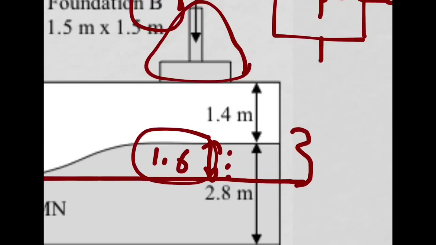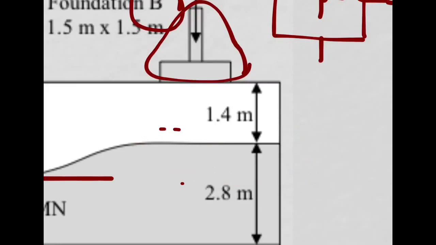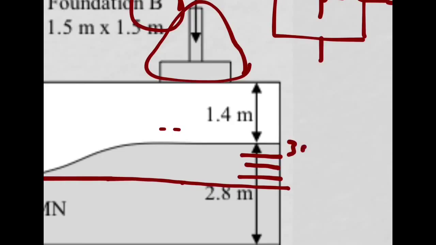So what we want to do, maybe we need to subdivide this layer into sublayers. We might divide it into maybe 4 sublayers like that. So every one will be 0.4 meters.